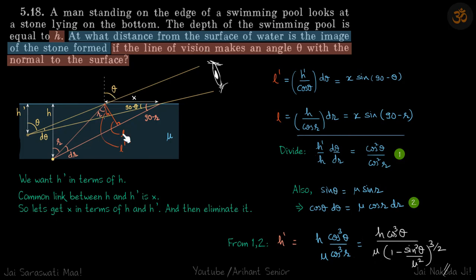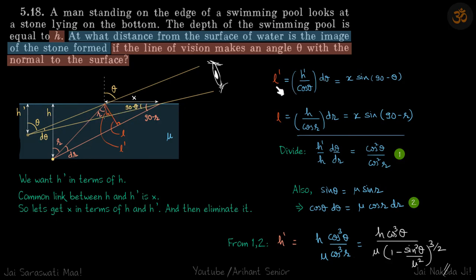So once again our approach was, the common element between these two, the yellow triangle and red triangle, is this distance x. And to relate x and h dash, we drew a perpendicular, because then in these two right angle triangles we can find this common side in terms of x and h dash.